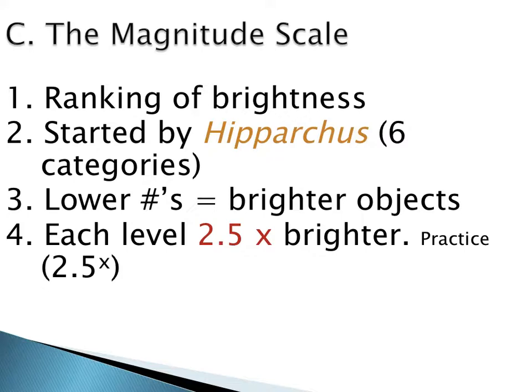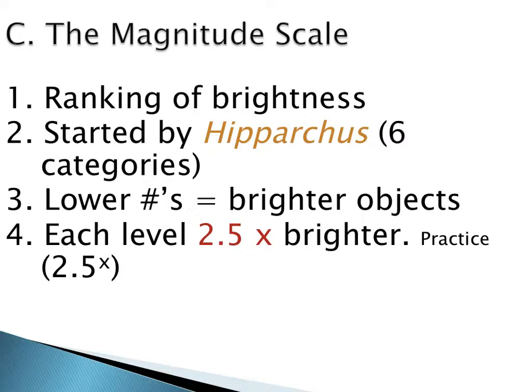Then what you do, once you have the difference, you take 2.5 to that power. So in that example, you take 2.5 to the 7th power, which is 610 point something. So that means a magnitude 3 star is about 610 times brighter than a magnitude 10 star.